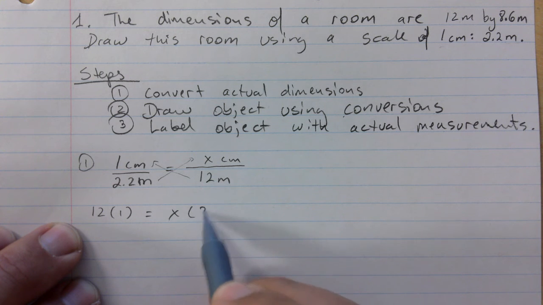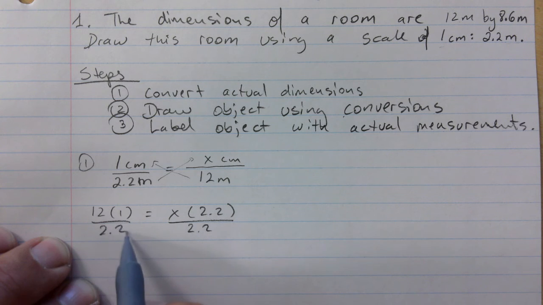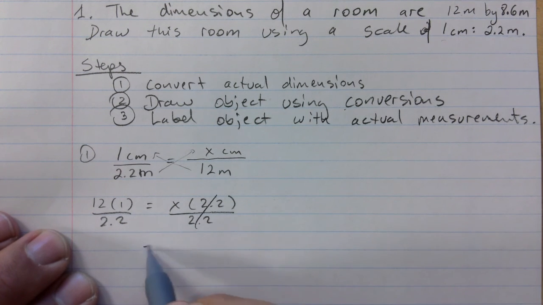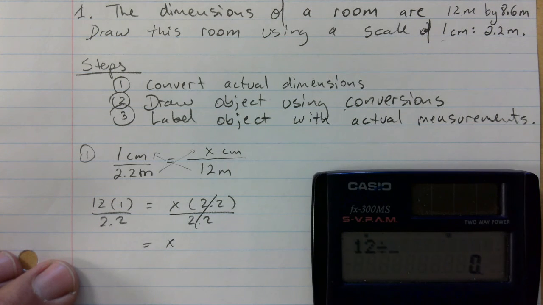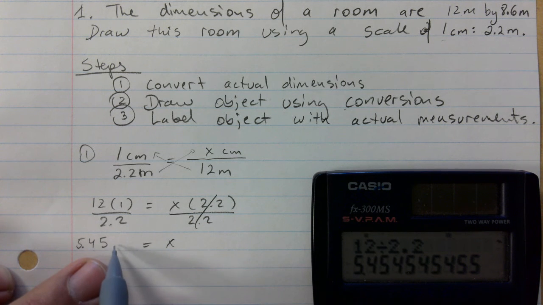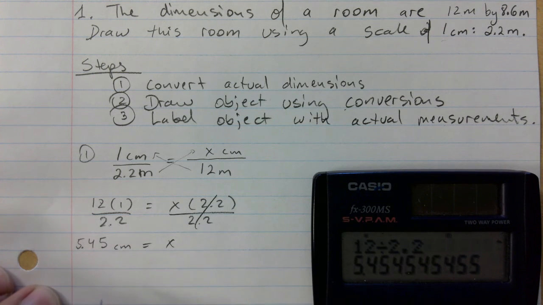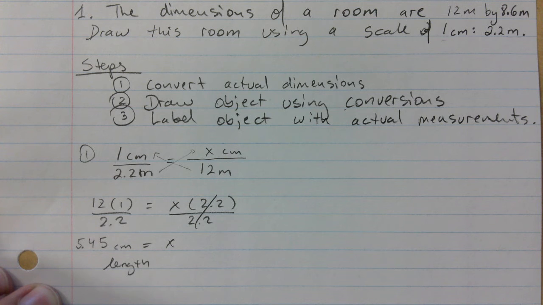And x times 2.2, you divide both sides by 2.2. So it's essentially 12 divided by 2.2, which is 5.45. And here we can round to 2 decimal places. Okay, this is the length of our object because it's the longer side. We're just going to call that the length.